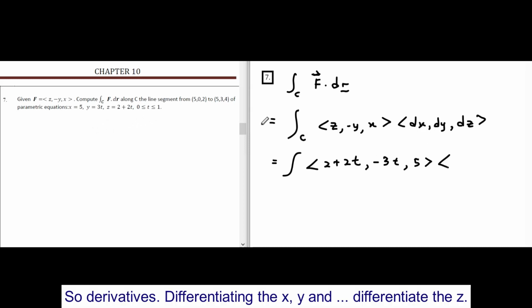differentiating the x, y, and differentiating the z.